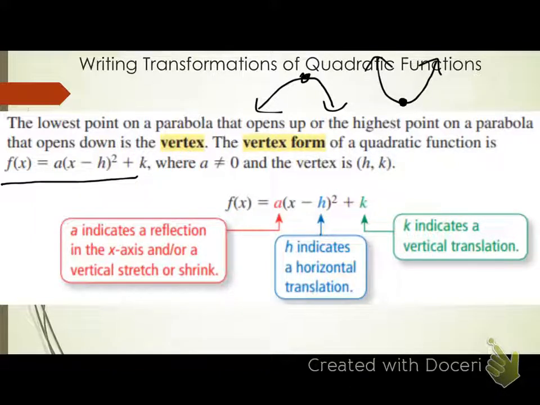If it's just -1, it'll just be a reflection over the x-axis. H indicates a horizontal translation. K indicates a vertical translation. You may want to label each of those parts in vertex form. Are there any questions about vertex form of our quadratic functions? We good? Can I move on?